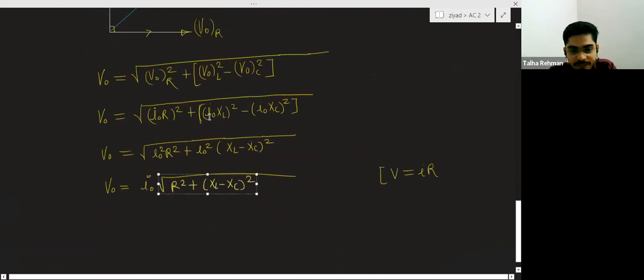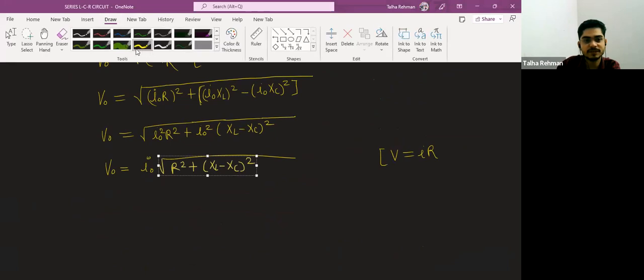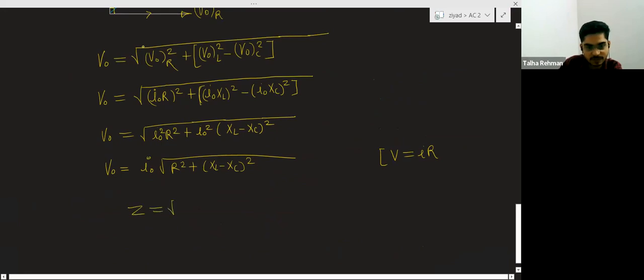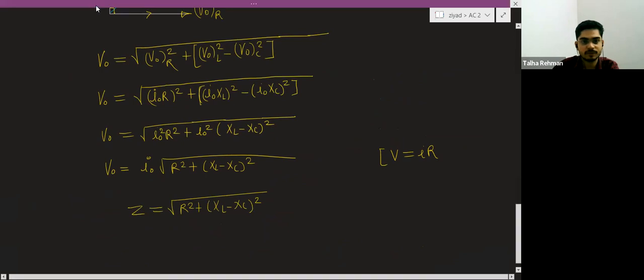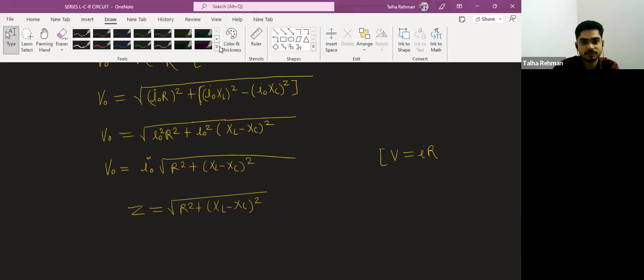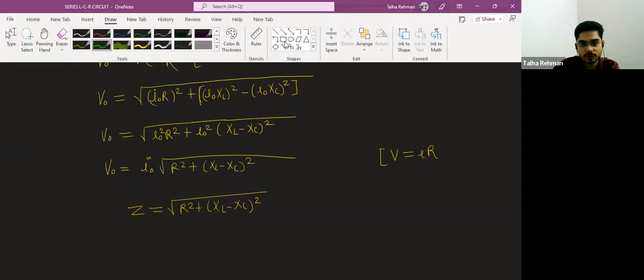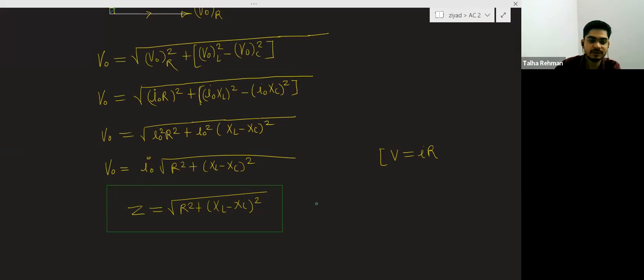This is known as the impedance, and impedance is represented by Z. So this will be the impedance of the circuit, the square root of R squared plus XL minus XC squared. So the impedance of the series LCR circuit is this.